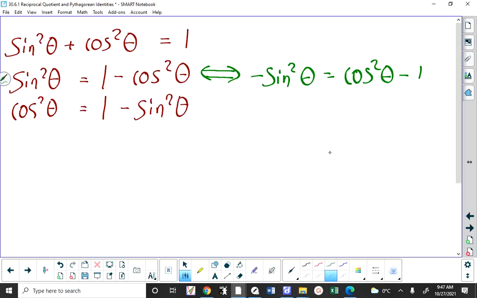There are so many ways that I could explain why that's the case. You could take this line right here and move the sine squared to the other side where it becomes negative, and move the 1 and the cos squared to the other side where they switch signs. I don't do that. What I say is, I know 1 minus cos squared is sine squared, so if these two things are opposite, if the 1 is negative and the cos squared is positive, then it's negative sine squared.